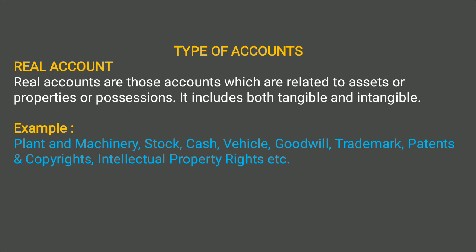Similarly, we have intangible assets like goodwill, trademarks, patents, copyright, intellectual property rights. These are examples of fixed intangible assets. Other than these, stock, cash, bank, trade receivables are examples of current assets. Here we have to discuss the fixed, tangible or intangible assets.